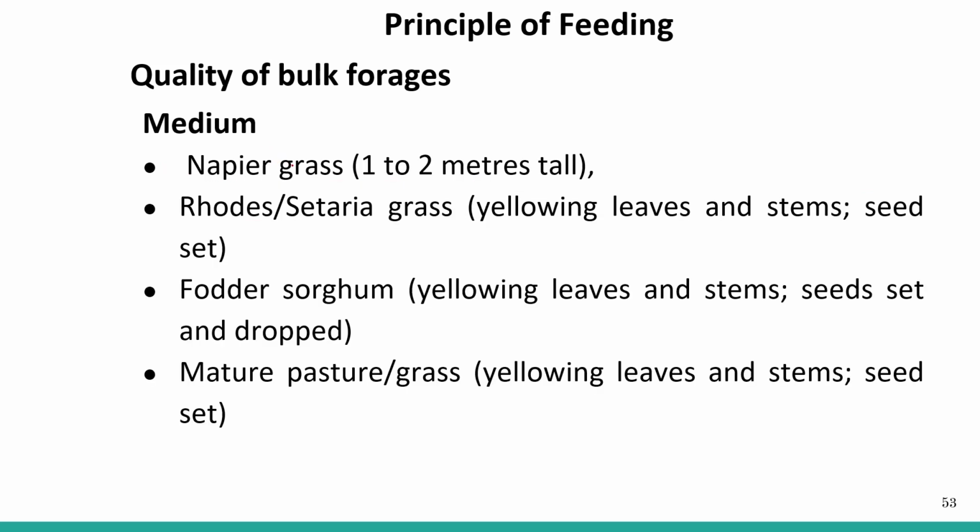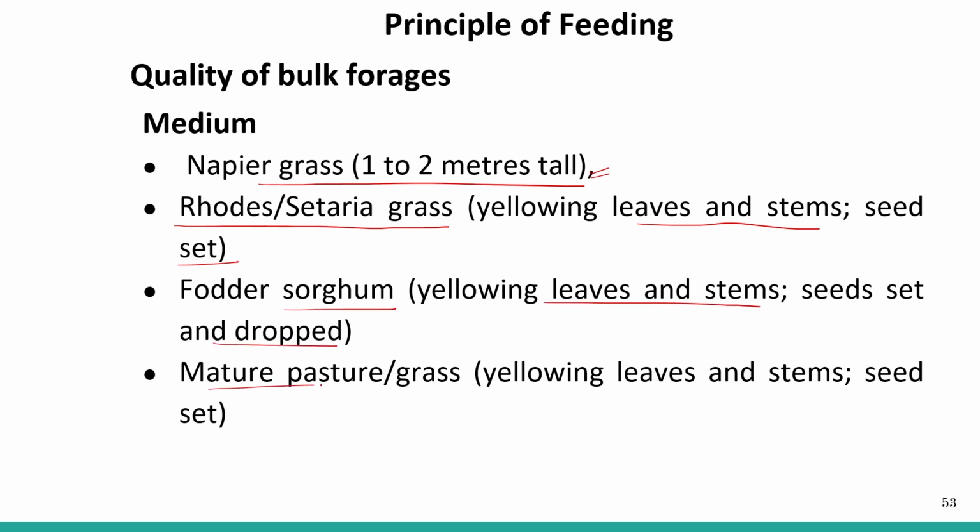Medium napier grass, that is around 1 to 2 meters tall, is cut and then can be fed. Rhodes and Cyteria grass: yellowing leaves of the stem and the seed when set. Fodder sorghum: yellowing leaves, stem, seed set and dropped.